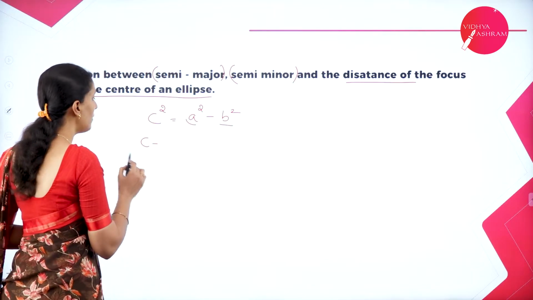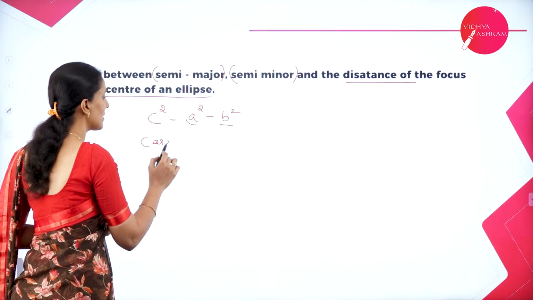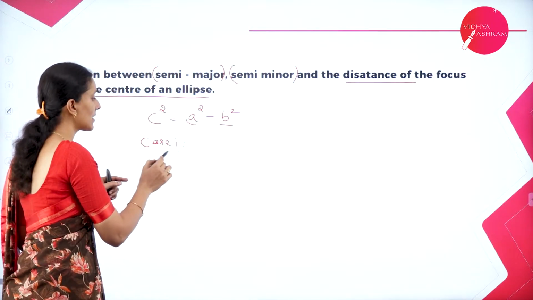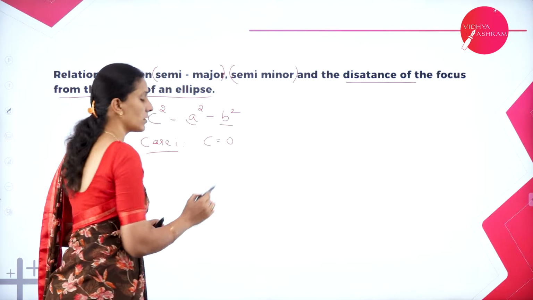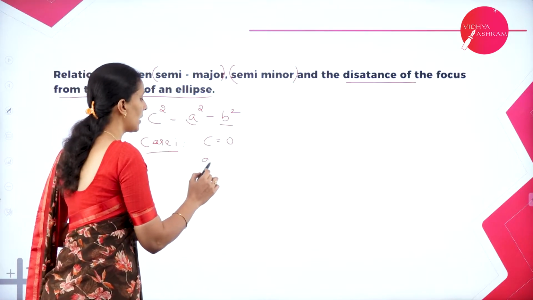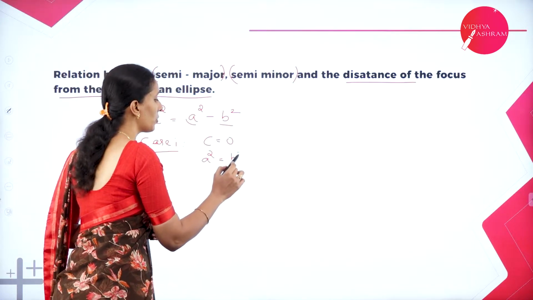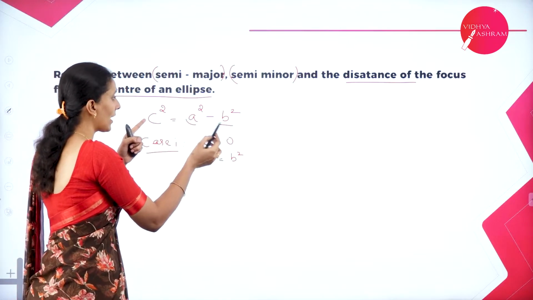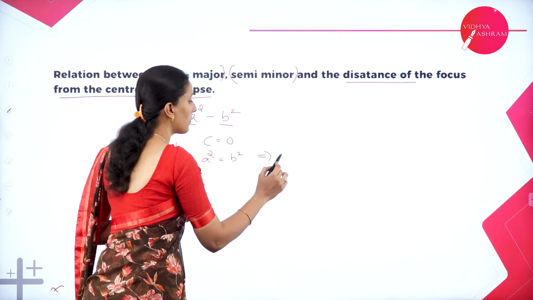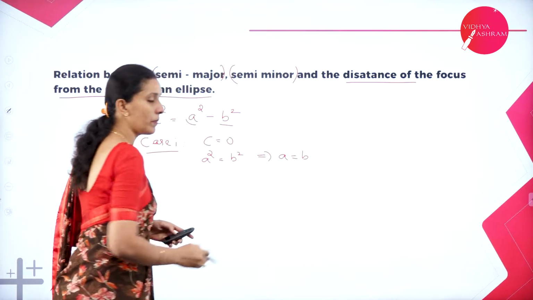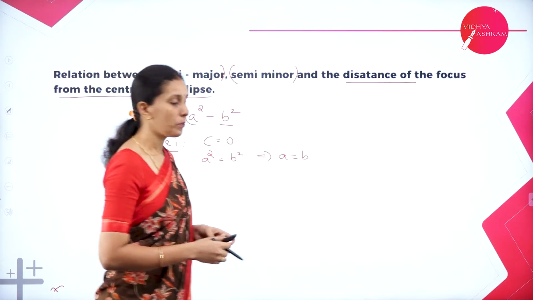So this is the relation between them. Now here we have two cases. Case 1: suppose C is equal to 0, what does the equation become? We get A square is equal to B square, which implies A is equal to B. So if A is equal to B, what happens?